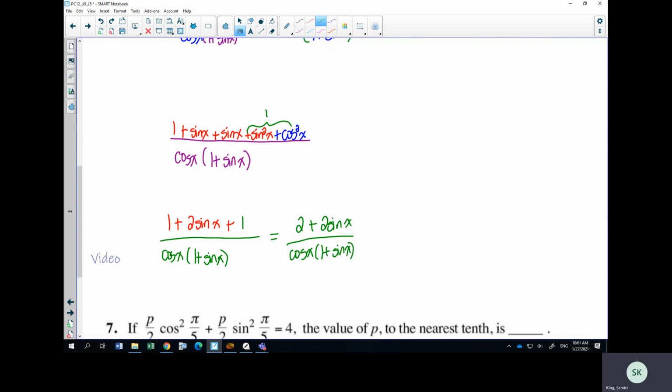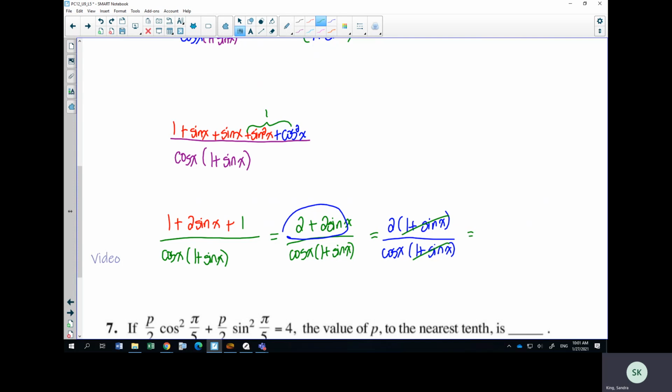Many of you will get to this step and not really see anything else you could do, but there is actually one other thing you could do. What I hope everybody sees is you could factor out a 2 here. If I factor out the 2, I would have 1 plus sine of x as the second factor. In my denominator, I have cos of x and 1 plus sine of x. And now, 1 plus sine of x and 1 plus sine of x cancel.